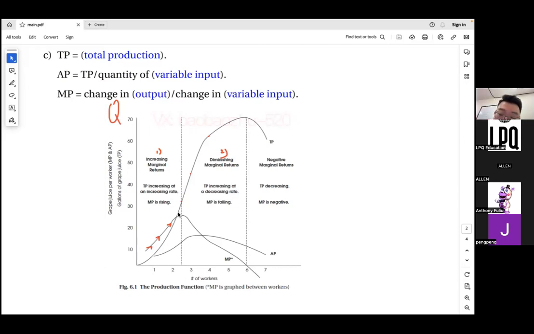Due to labor specialization, MP in the first stage increases. You can see the behavior of the TP in the first stage: the TP increases and the slope of your TP curve becomes steeper and steeper.